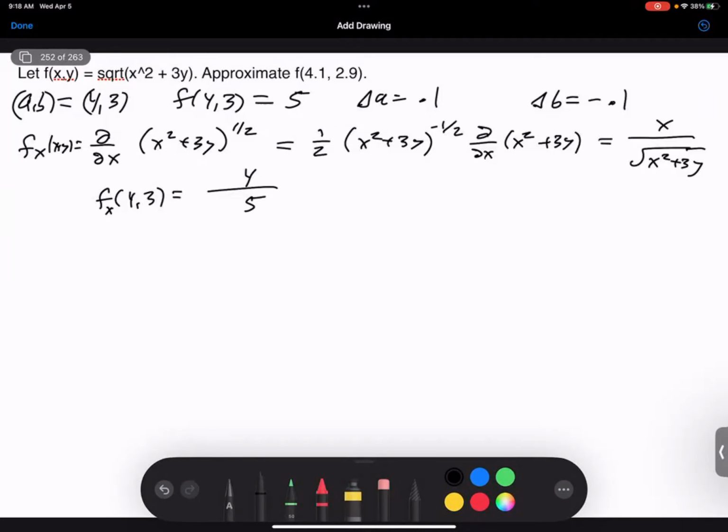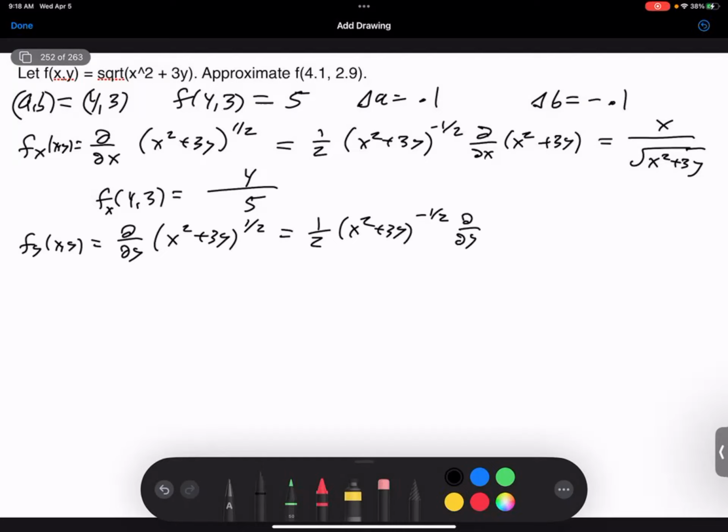So I'm trying to get all the pieces that I need. And so now I need to find the partial derivative with respect to y. So that would be d by dy of x squared plus 3y to the 1/2. So that would be 1/2 times x squared plus 3y to the minus 1/2. Then d by dy of x squared plus 3y. What's the derivative of x squared plus 3y with respect to y? 3.